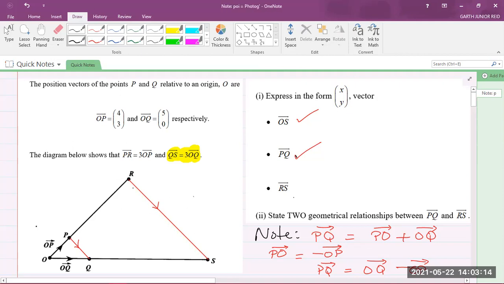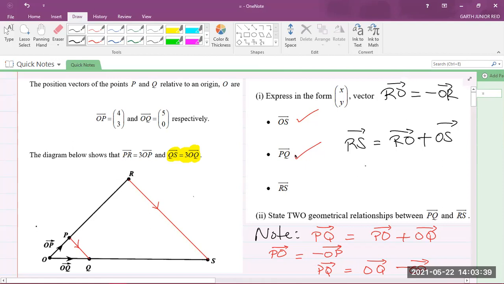So one way I could do that is write the vector RS as the vector RO. I'm moving from R to O, and then I can move from O to S, all right? But we also know that the vector RO is equal to the negative of the vector OR.